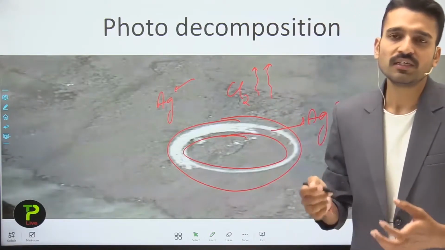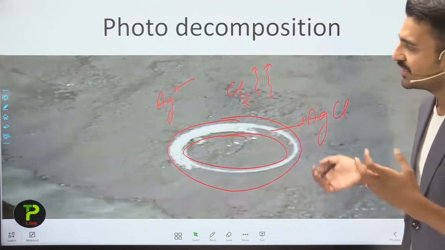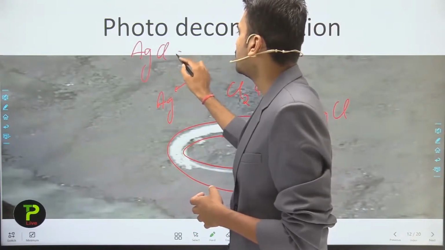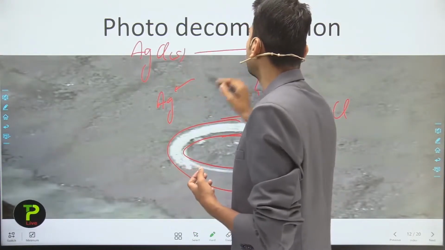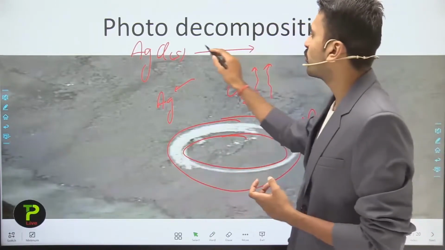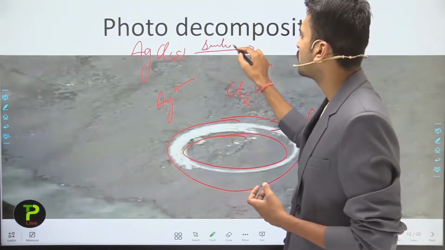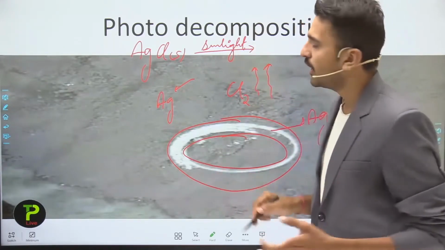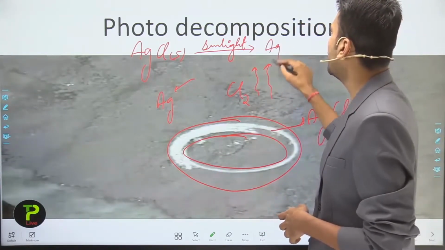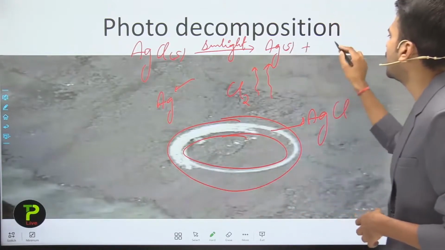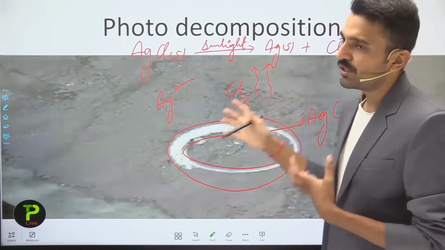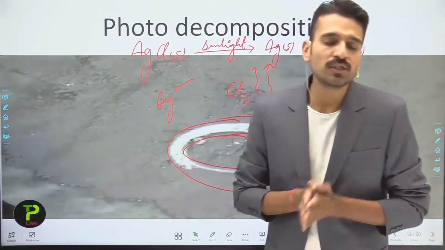So how does this decomposition reaction occur? Let us write the reaction. AgCl, which is silver chloride, for photo decomposition you use sunlight, or you can simply use light. So it forms Ag, which is in the solid form, and chlorine gas is liberated to the atmosphere. So this is a particular reaction for photo decomposition.